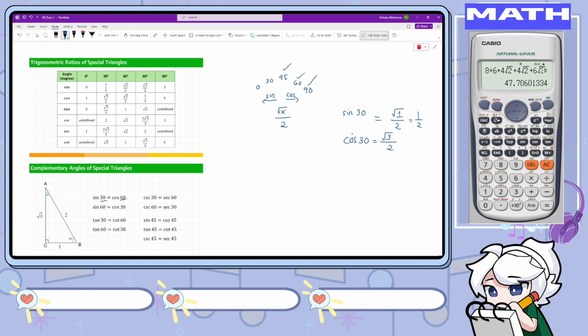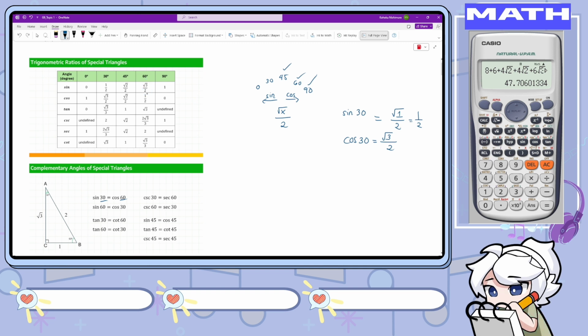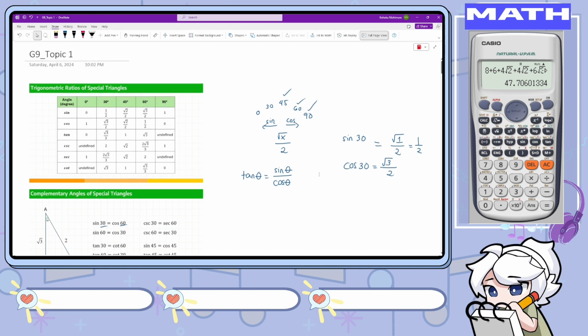So cosine 30 is simply square root of 3 over 2. See, it's pretty easy. And if you want to solve for tangent, theta is just simply dividing sine theta over cosine theta, like so. What else? I guess that's it for topic number 2.